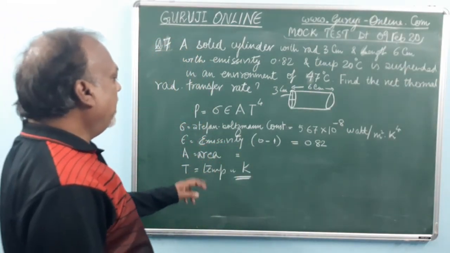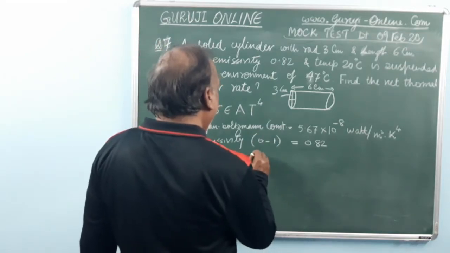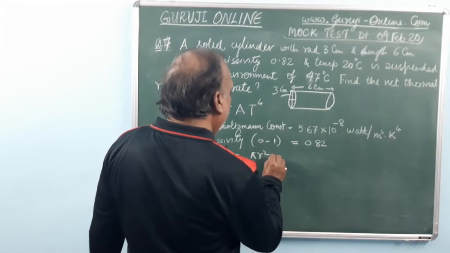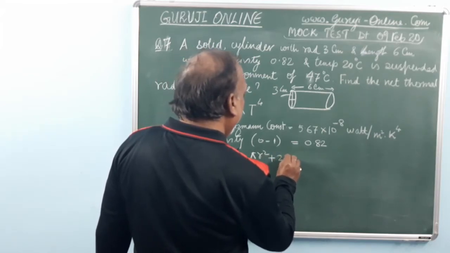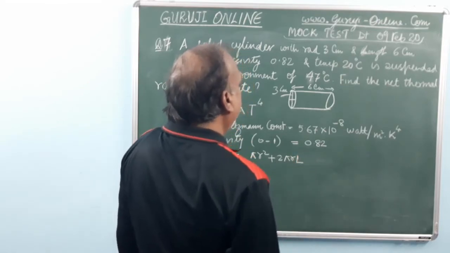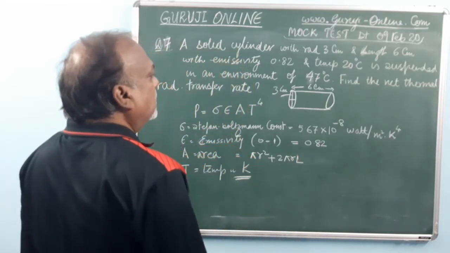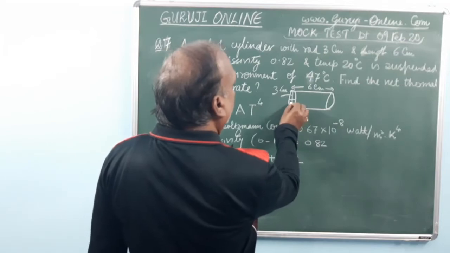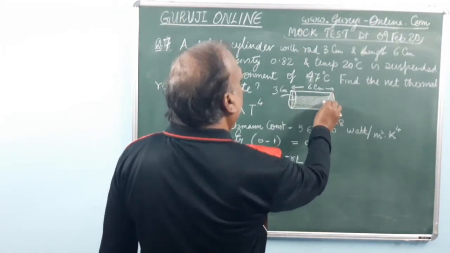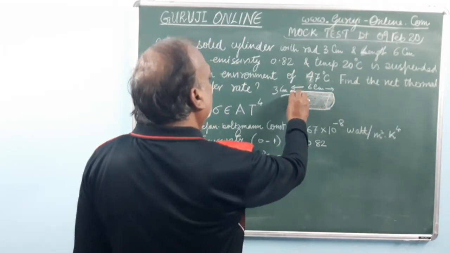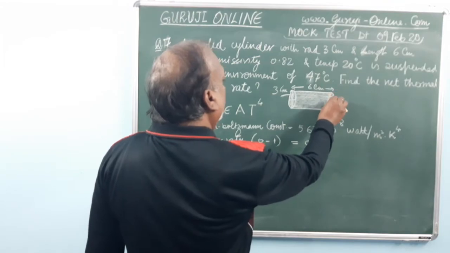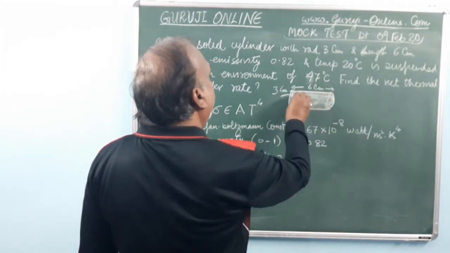So here the area will be pi r square plus 2 pi r l, because it is the surface area. This is the area through which it will radiate or receive the radiation.